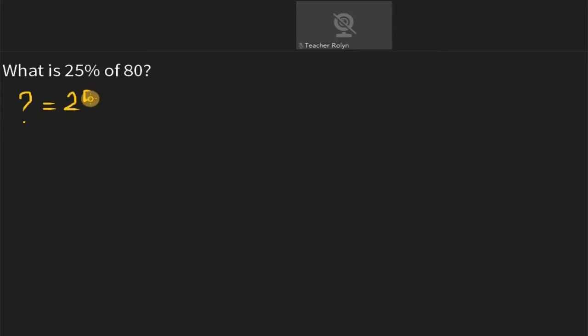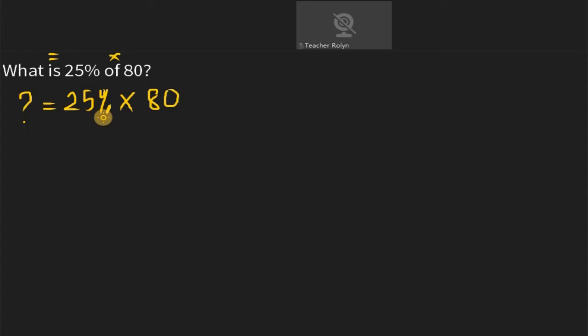Then, we have here 25%. And the word of. Tandaan nyo, itong of ay laging multiplication sign or times. Alright? So, times itong of. Yan. Tapos itong is equal sign. So, we have now 25% times 80. Okay?